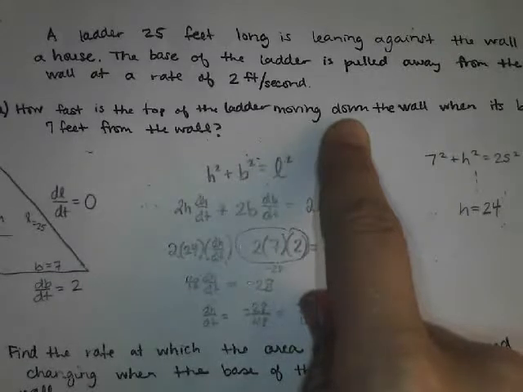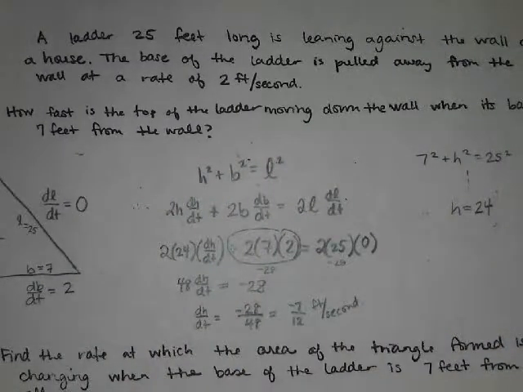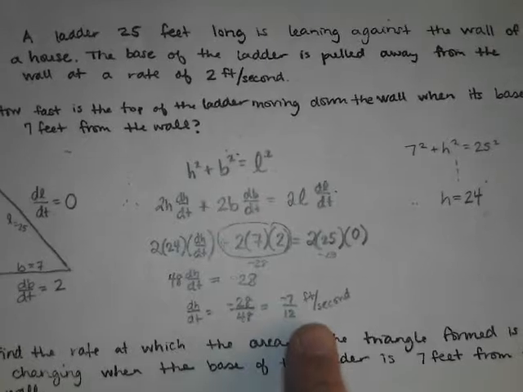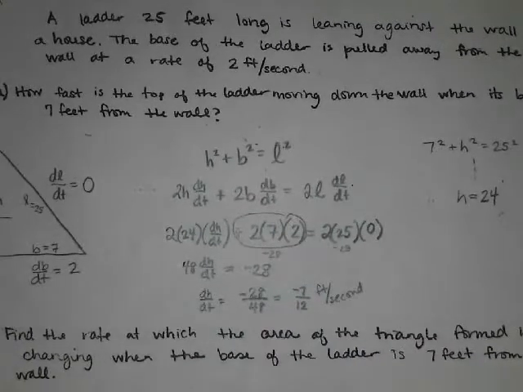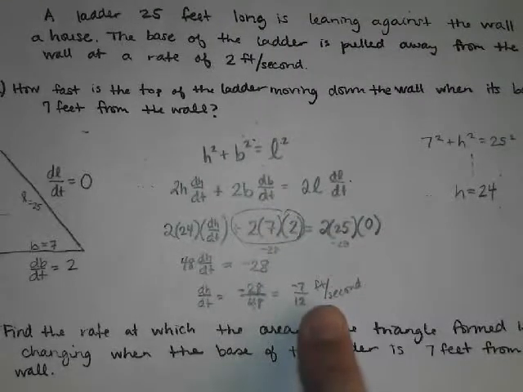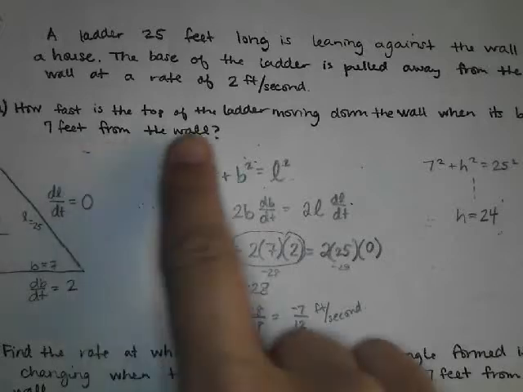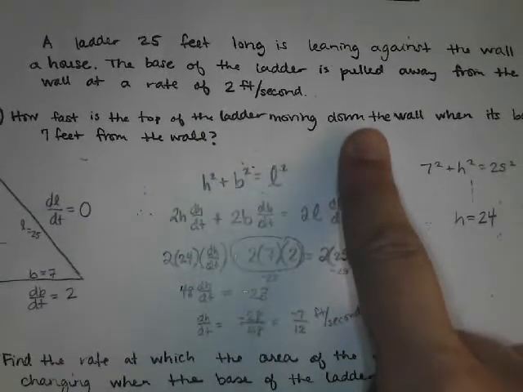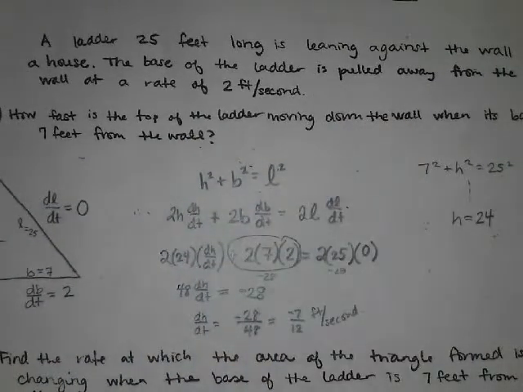If they said, what is the value of dH/dt, that's it. If they said, at what rate is the height changing, just a blanket statement, then negative 7/12. But they said, at what rate is it moving down the wall, so they've already kind of implied that negative. So it's moving down at a rate of 7/12 of a foot per second. So just be careful of that.